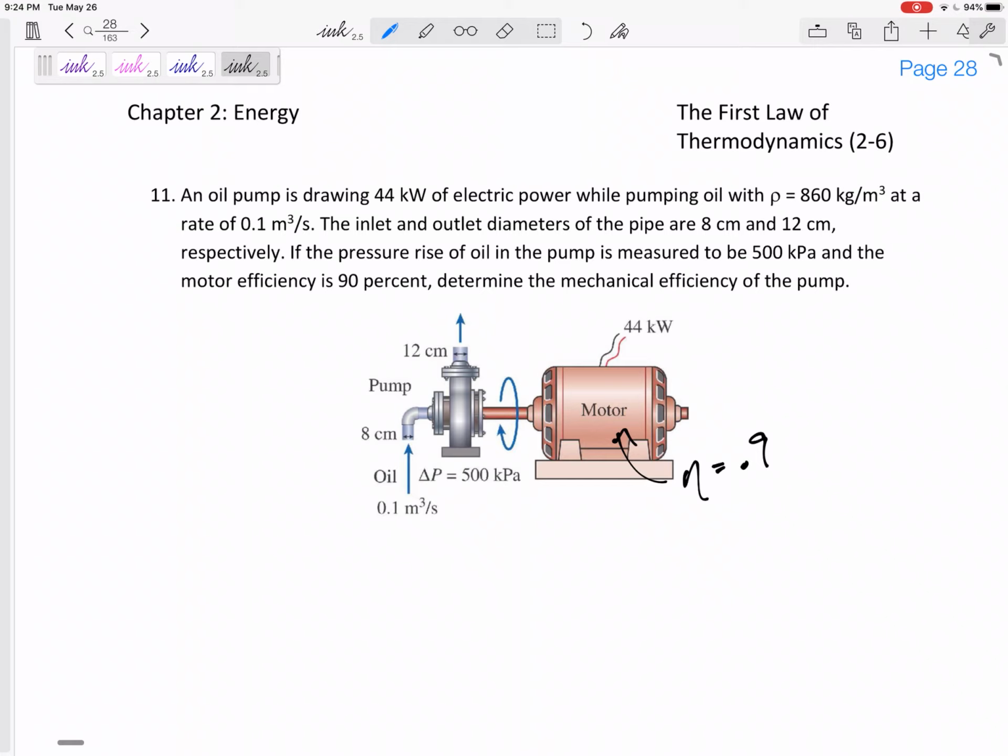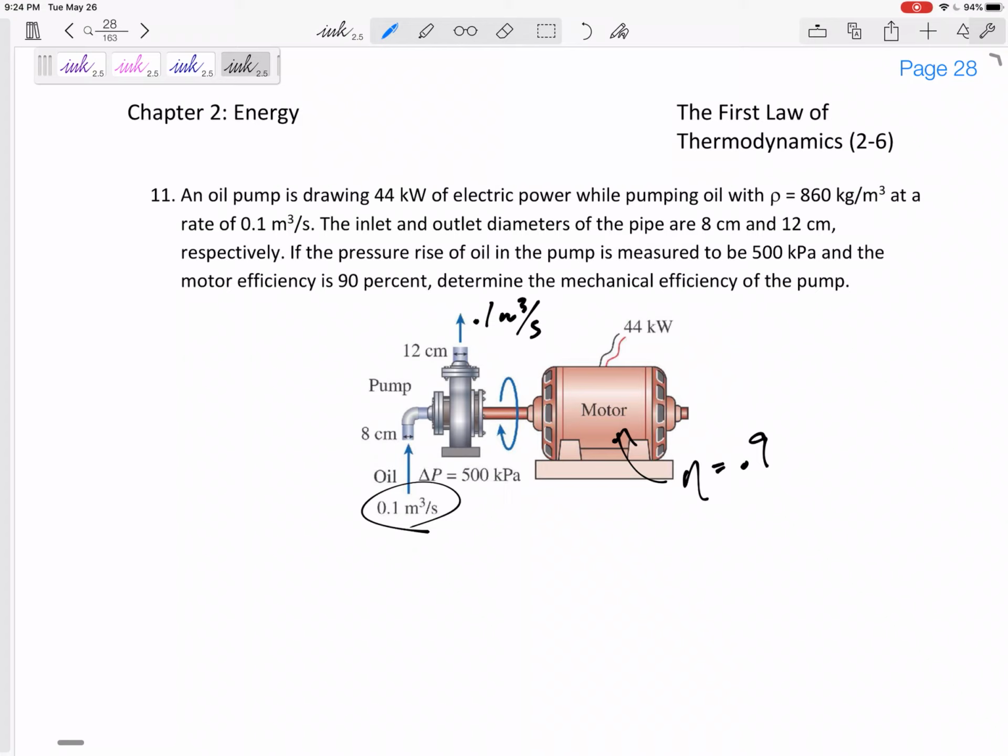Okay, this is a good one. Now, it's not explicitly stated, but it's assumed that this is still pumping out the same amount of fluid as it's pumping in. If it wasn't, then fluid would be collecting in the pump, and we know that a pump, whatever comes in is going to go out.